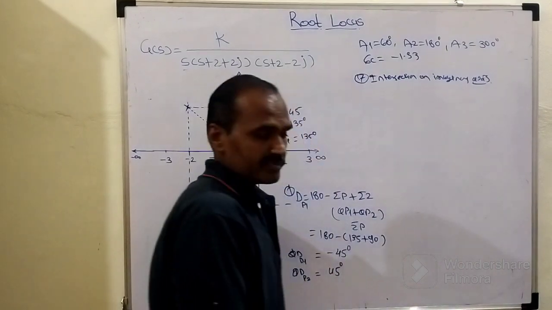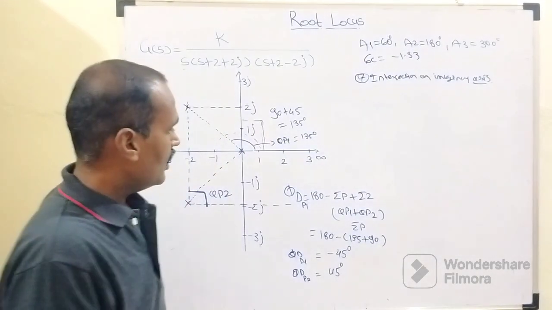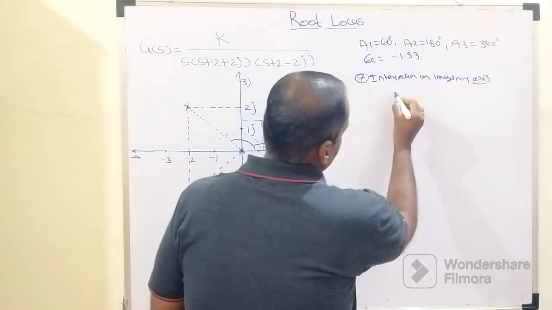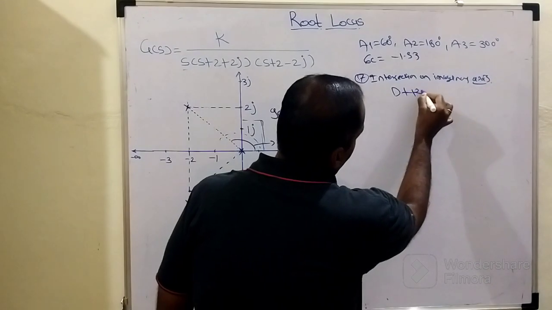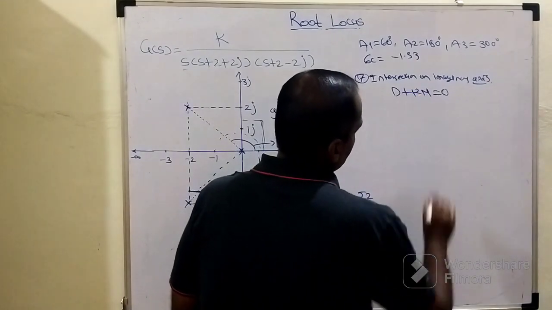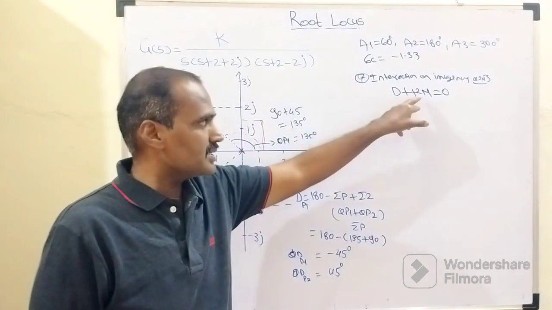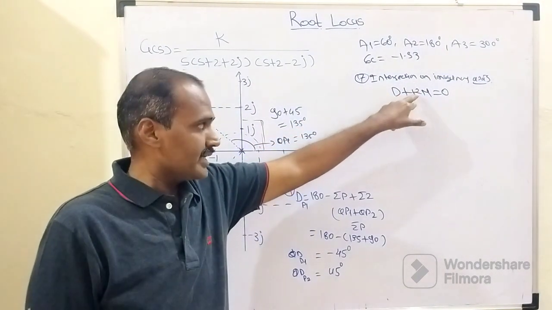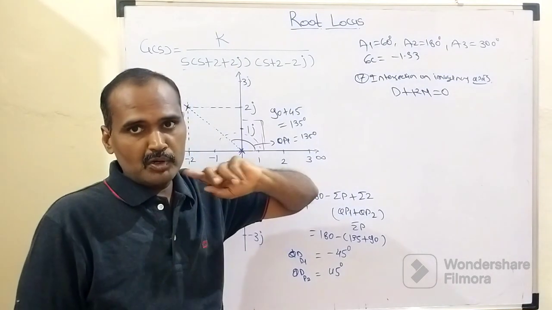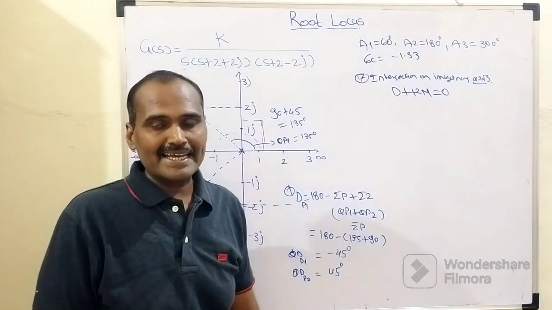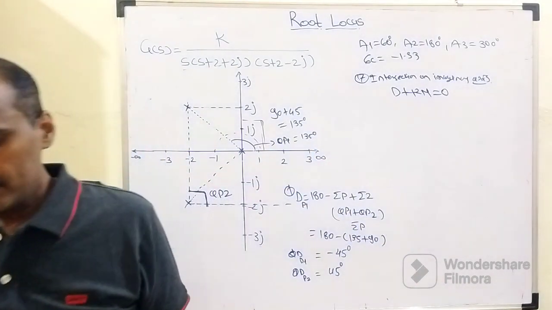This will be the last step involved in this root locus plot. For that purpose, the relation is D plus kN equals 0. What does D stand for? The denominator polynomial plus this unknown variable k times the numerator polynomial equals 0. That will be the characteristic equation.